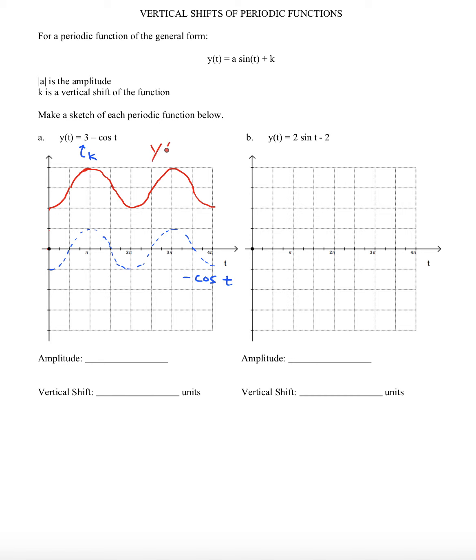And this is the function negative cosine t plus 3.